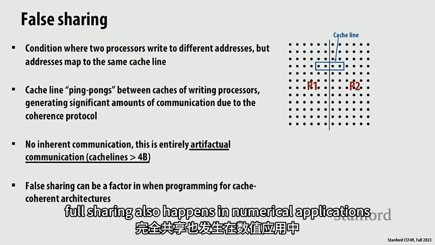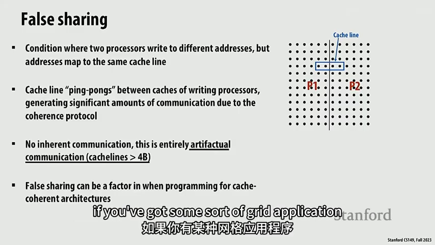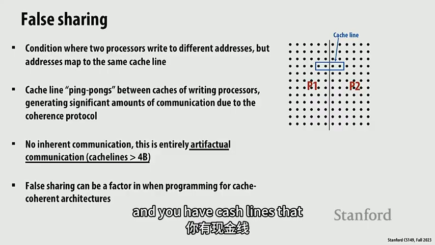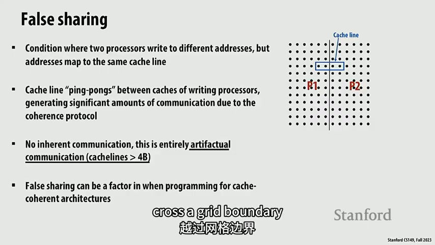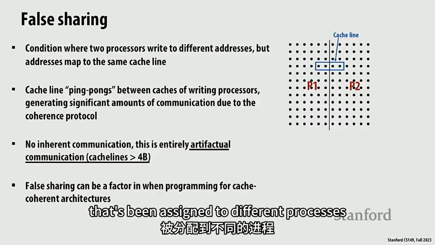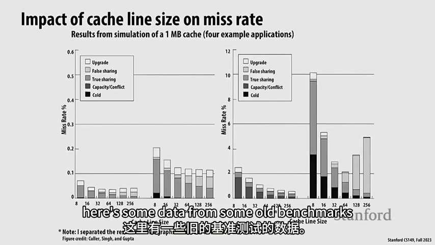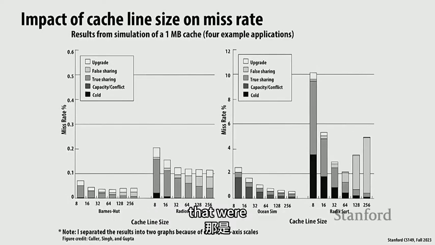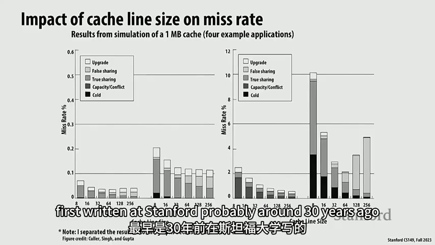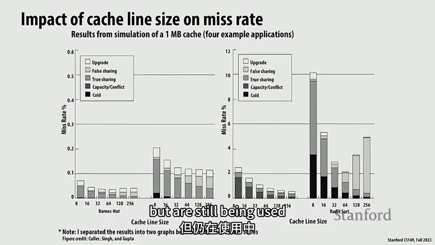False sharing also happens in numerical applications. If you've got some sort of grid application and you have cache lines that cross a grid boundary that's been assigned to different processes, then you can get false sharing. Here's some data from some old benchmarks that were first written at Stanford probably around 30 years ago, but are still being used.